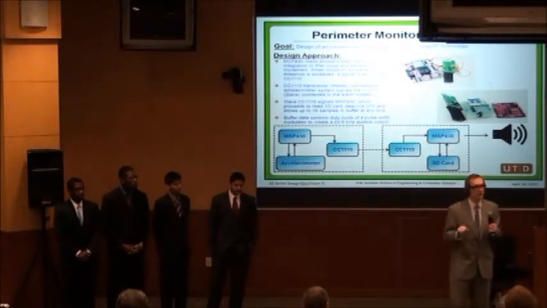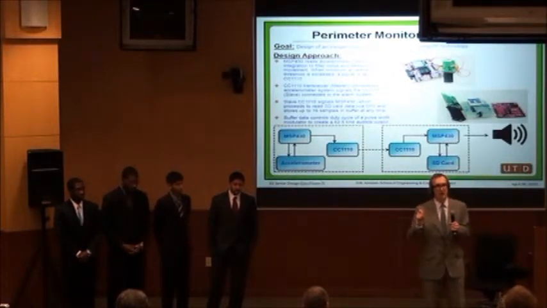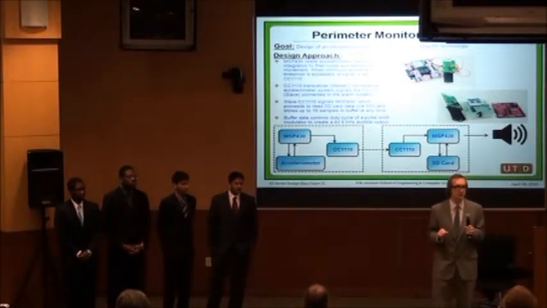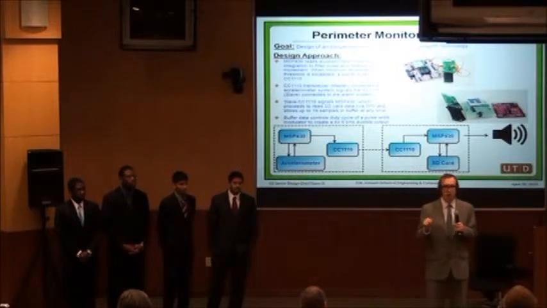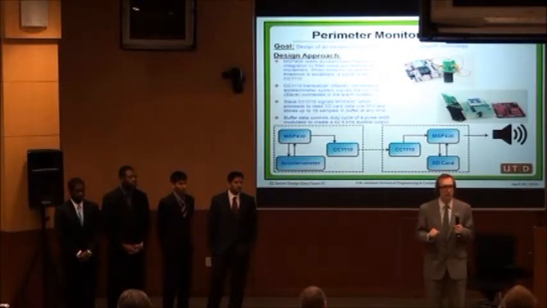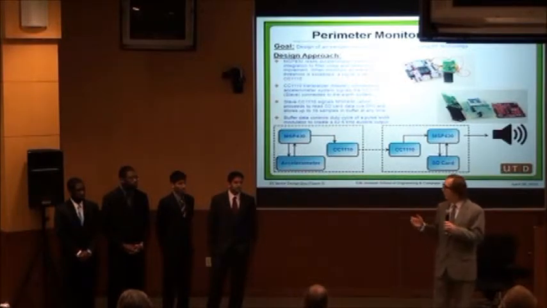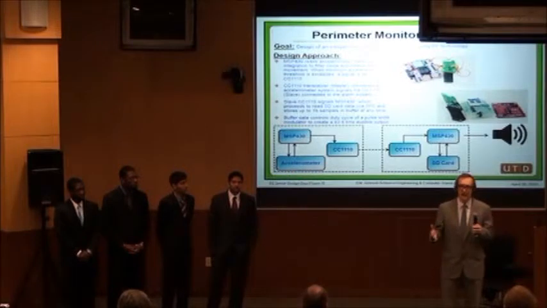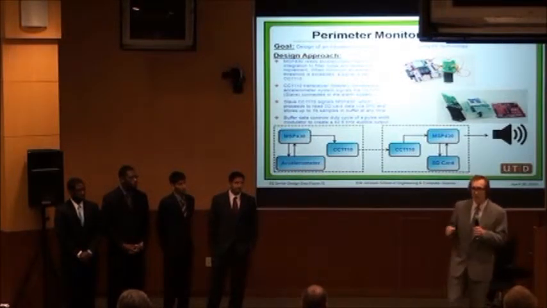The way we implement this is with MSP430 microcontrollers and CC11 RF transmitters, which are both very low-cost and efficient. We believe that this system is a good way for the user to enhance the control that they have over their home. Are there any questions?